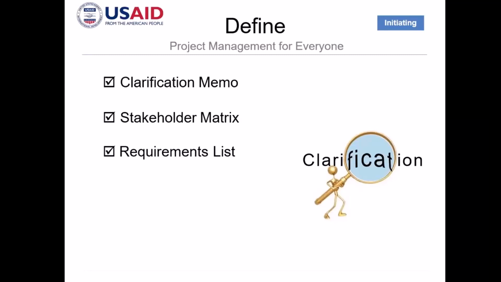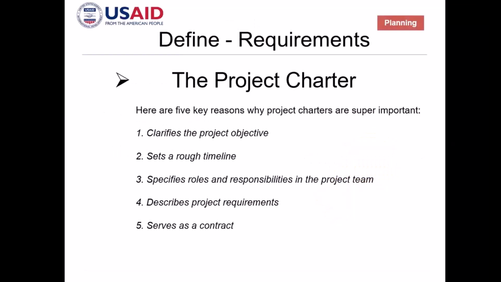So always have a handy microscope so that you will see if you have missed anything. So the project charter normally will have the project objective, your high-level timeline, the specific roles and responsibilities of the project team, including the stakeholders, of course, stakeholder matrix.